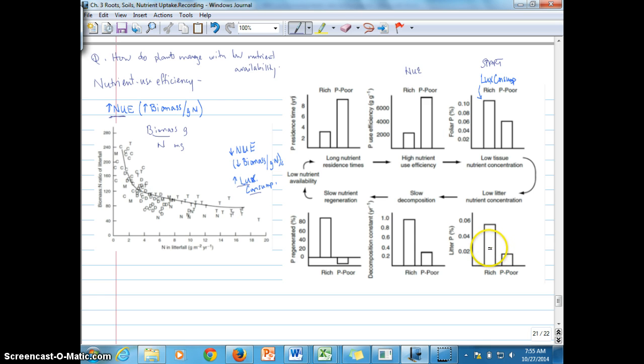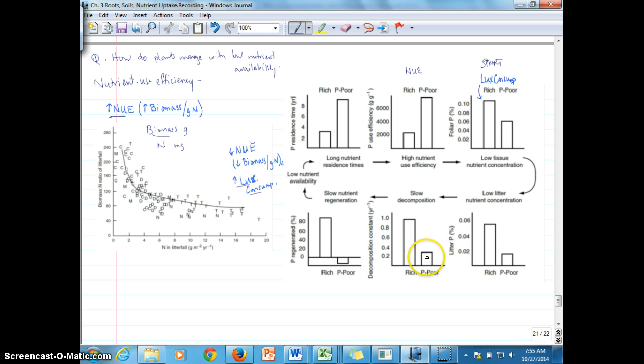When that litter starts to decompose, because it has lower phosphorus content, the litter decomposes slower. And decomposition rate is measured as the loss of litter weight over time. So the litter itself in phosphorus poor soils is decomposing slower, turning into humus at a slower rate.